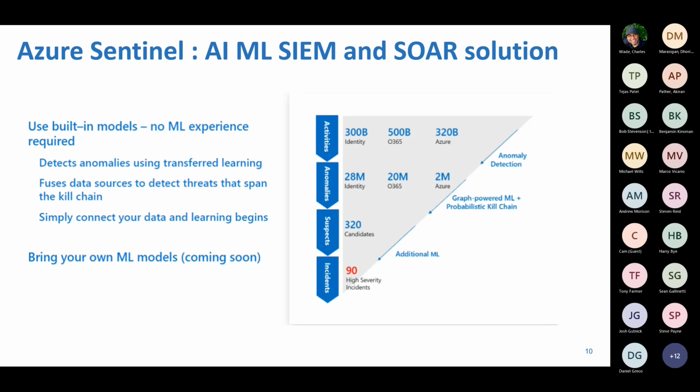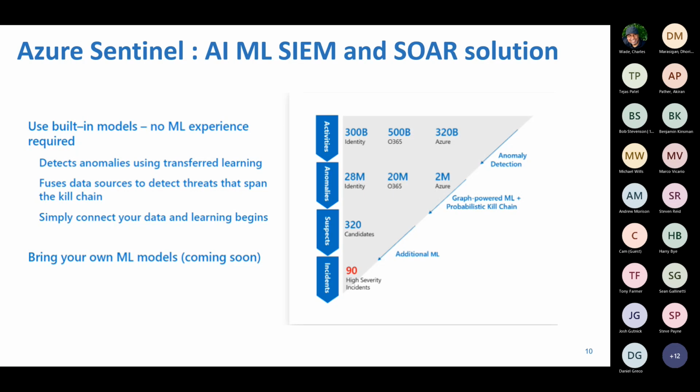Which then your team can work on and fix those issues, right? If you do not have an ML and AI based engine, then you would basically spend a lot of time looking at logs and activities which are not actually helping you be productive in solving the problem, right?